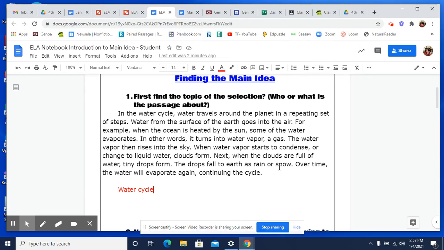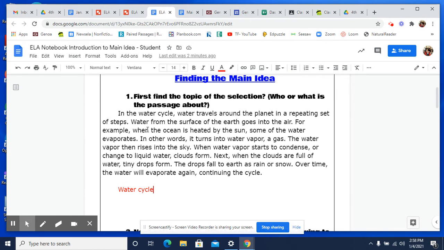So what is the main thing? We have a lot of details, but what was the point that this author was trying to make? Well, if you see all of these, the next thing it says is over time, the water will evaporate again, continuing the cycle. So it's going to continue that cycle. So what does a cycle mean? Well, a cycle is a repeating set. So the main point this author is trying to make is that this water travels around the planet in a repeating set of steps.